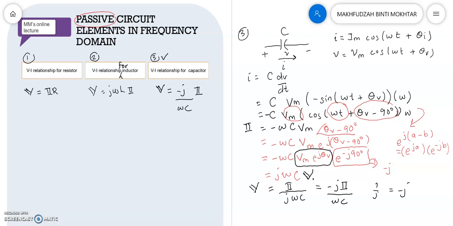Now, if I rewrite the VI relationship for the resistor as V equals R I, what you can see here is that there is actually a pattern where all these relationships of V and I, for each of the components, have a constant value of impedance.